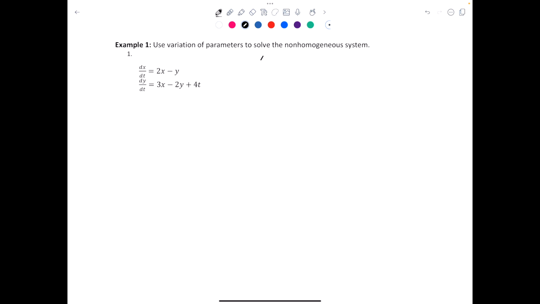So we know that A is equal to what? Beautiful. It's going to be 2, negative 1 going across, and then 3, negative 2. And we also have capital F at t is equal to 0 and 4, and then that's times t, or you could just say 0 and 4t, bring the t in.